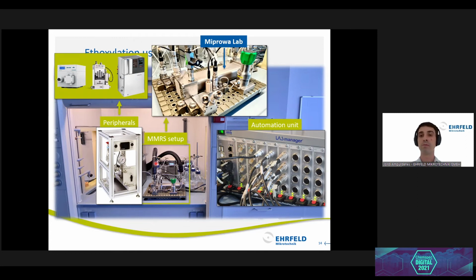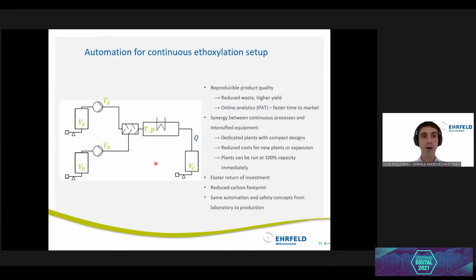Now I would like to talk a little bit about the benefits of automation for such kinds of projects. First of all, flow chemistry and automation can be combined for continuous flow processes.